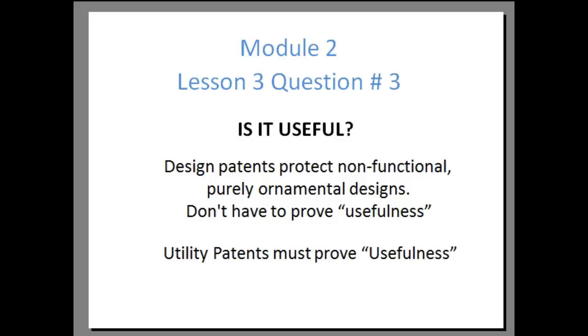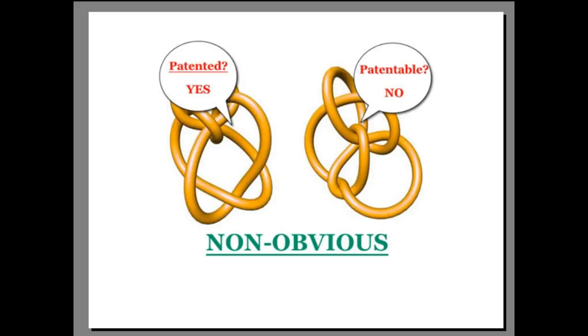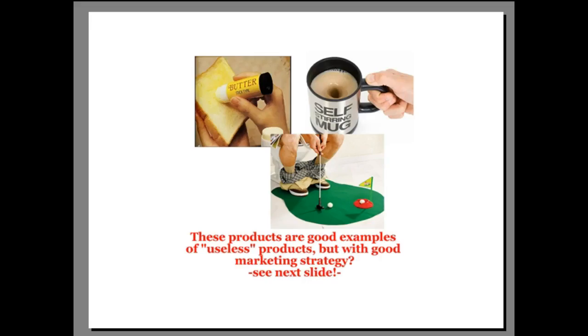Now, a utility patent must prove usefulness because it's much more broad coverage. But let me show you an example of several products that are completely useless, but with good marketing sometimes become huge success.